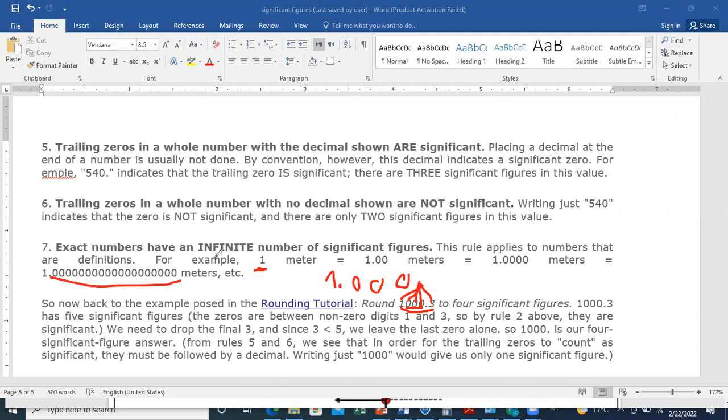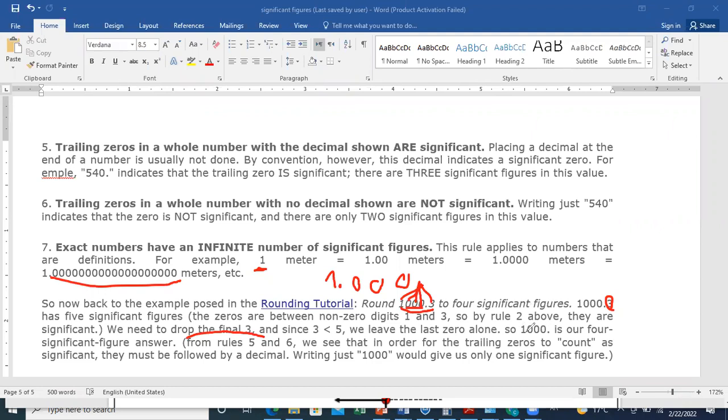Now if we need to drop the number of significant figures to 4 instead of 5, what can we do? What we can do, we can leave the last digit out. So if we put for example 1000 point, we don't give the accuracy up to this number, then we count just 4 significant figures.